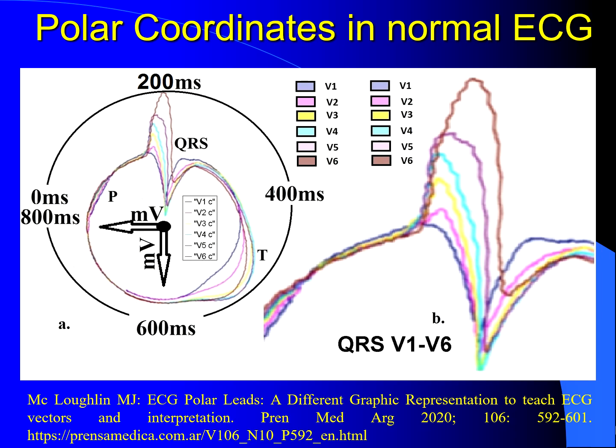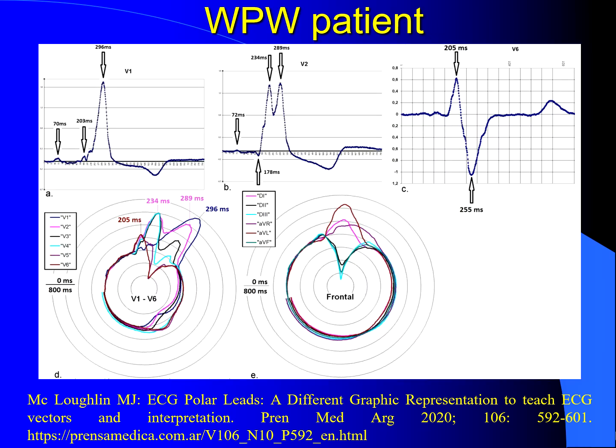Polar coordinates in normal ECG. Panel A shows a cardiac cycle in a control patient. Panel B shows a magnification of the precordial QRS waves. WPW patient.